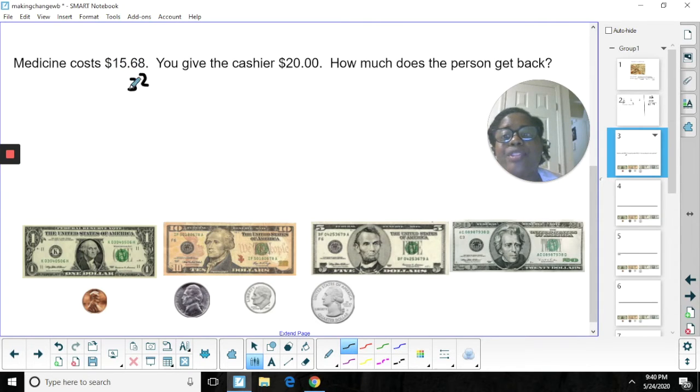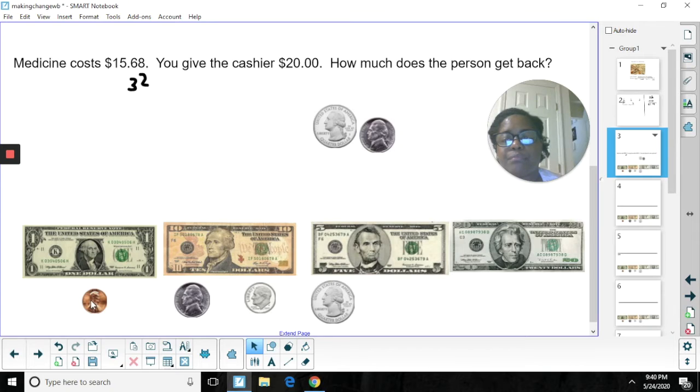So we know our coins are going to be 32. So let's go down here and grab 32 cents. So now we have 16 right here. We know that we have $16 because we put that 32 cents with the 68.